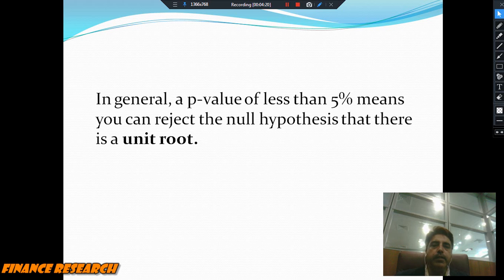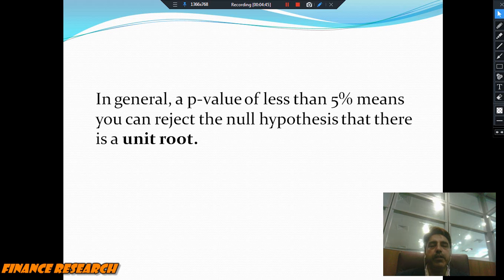Okay, and for example, if the value is found to be 0.07, it is more than the 5% level of significance, more than 0.05, so in that case we will not reject the null hypothesis. Okay, or accepting the hypothesis, how can we accept the hypothesis?